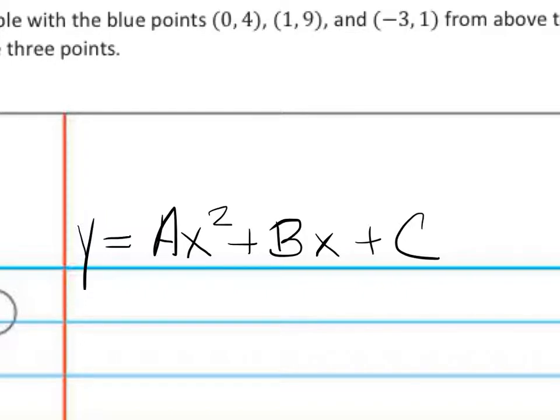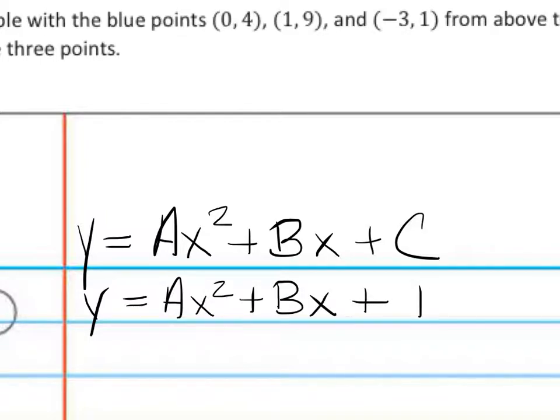C represents the y-intercept. So we could redo this with y equals ax squared plus bx and then plus 4 from the y-intercept there. If I plug in 0 for x here and here, they would cancel out and you're left with just 4.